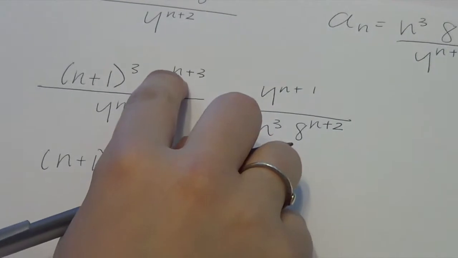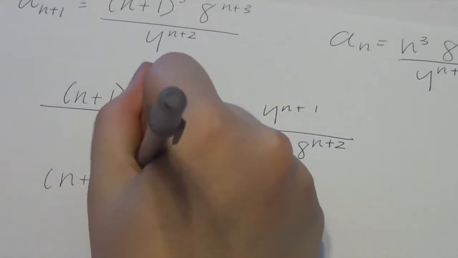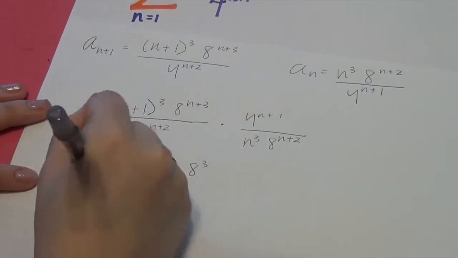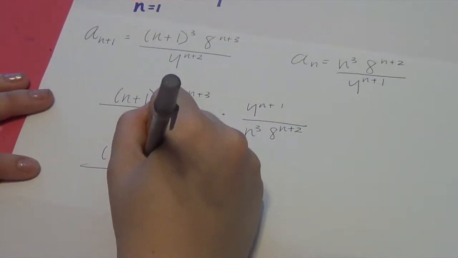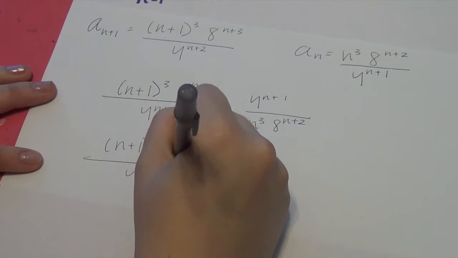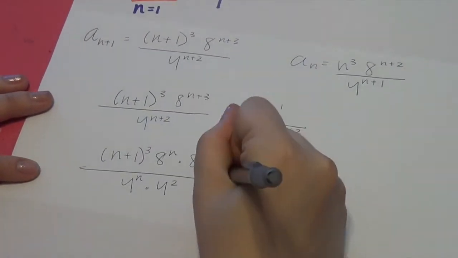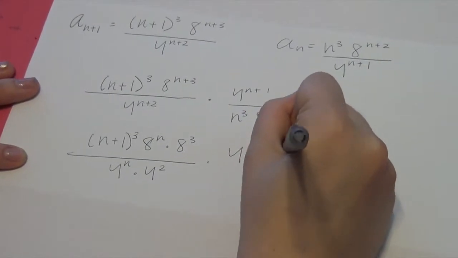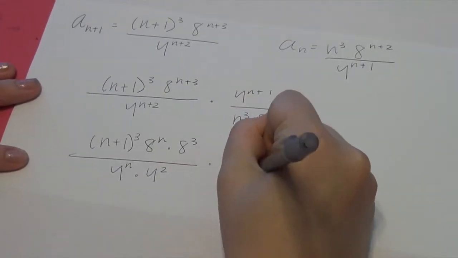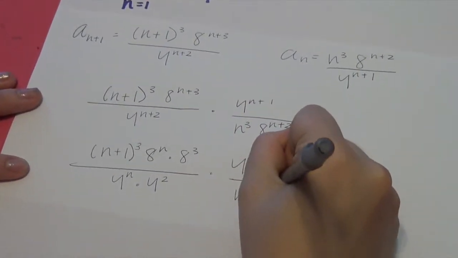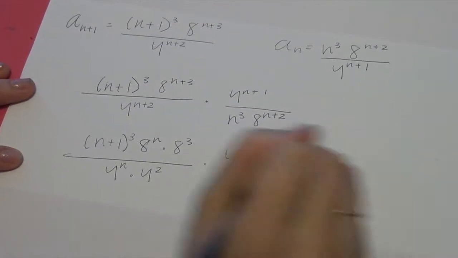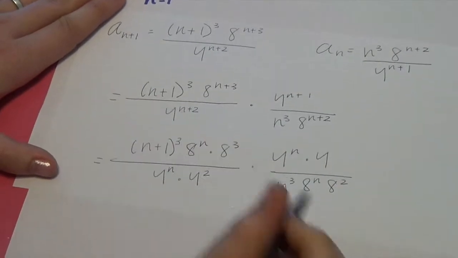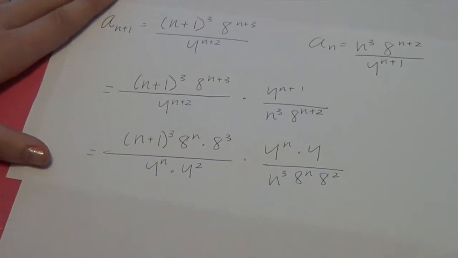And then because your exponents are added, you can separate that into two numbers multiplied together. And you do the same in the denominator. So 4 squared times 4 to the n. And then on the a_n term, 4 to the n times 4 over n cubed times 8 to the n times 8 squared.